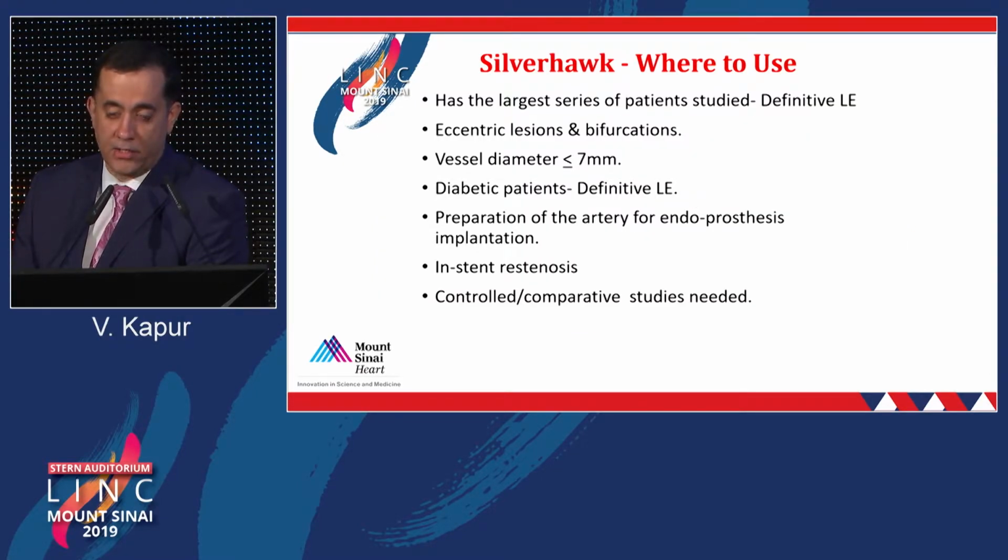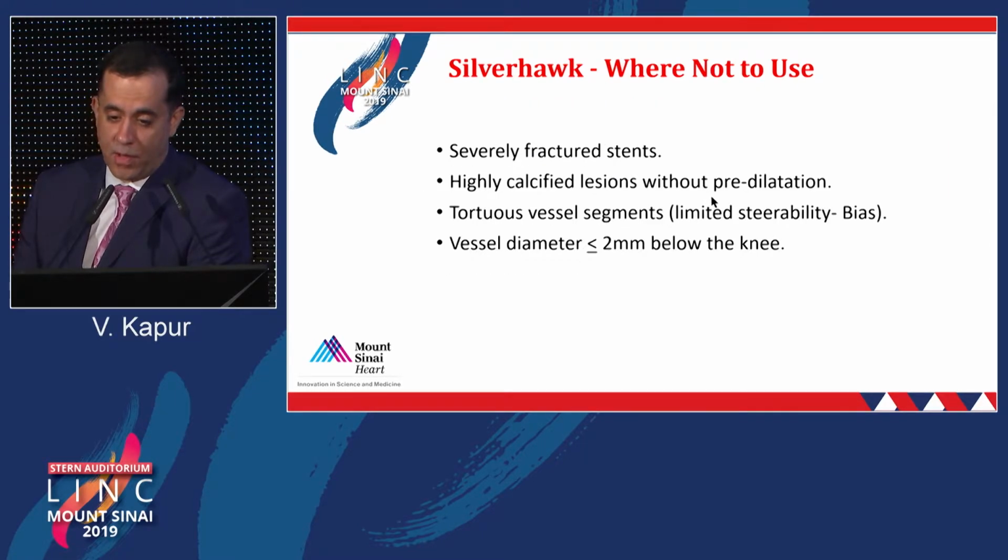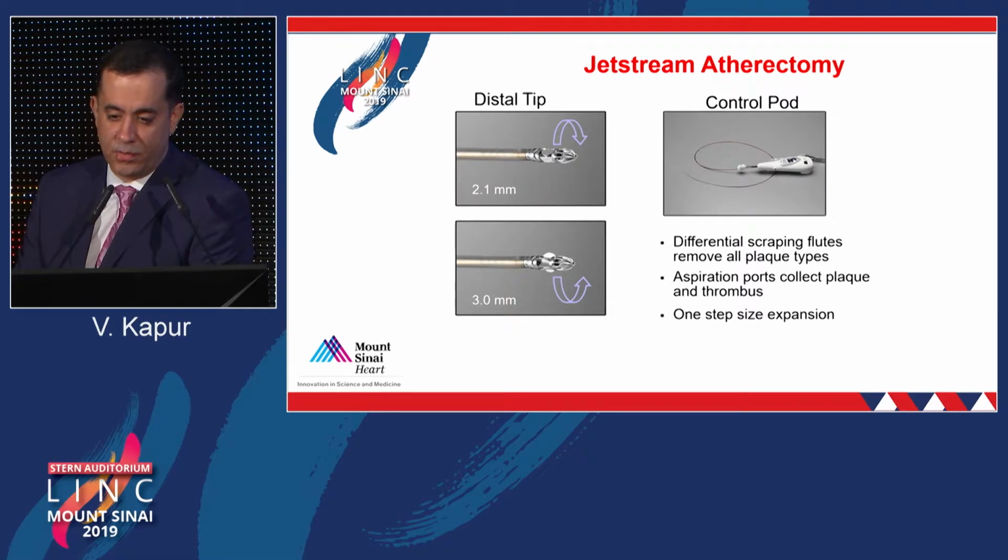There is a large series of patients, the DEFINITIVE LE trial, which shows the advantage of using directional atherectomy, which in the US is the SilverHawk and the HawkOne nowadays. It's more beneficial in eccentric lesions, vessel size less than 7 millimeters, and for in-stent restenosis as well. It's not to be used in fractured stent areas or very tortuous vessels, because you can have a selection bias: instead of being able to torque to the lesion, you might just drift away from it, and it might not provide you enough advantage. Also avoid vessels less than 2 millimeters.